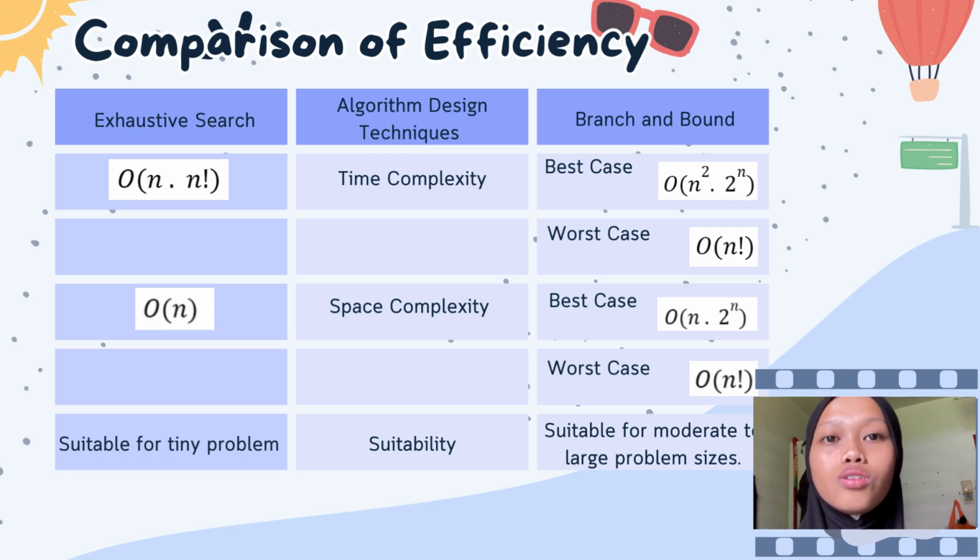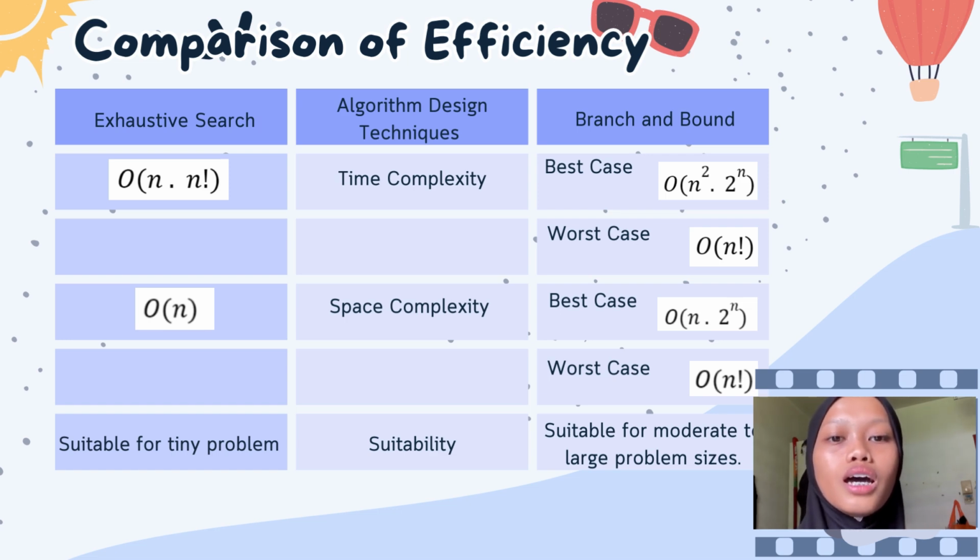Branch and bound, on the other hand, has a best case time complexity of O of n to the power of 2 multiplied by 2 to the power of n, and a worst case complexity of O of n factorial. This means that although still exponential, it can be more efficient than exhaustive search in certain cases due to its pruning techniques.